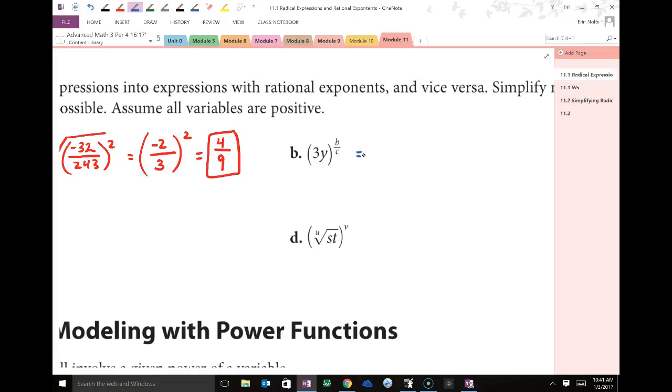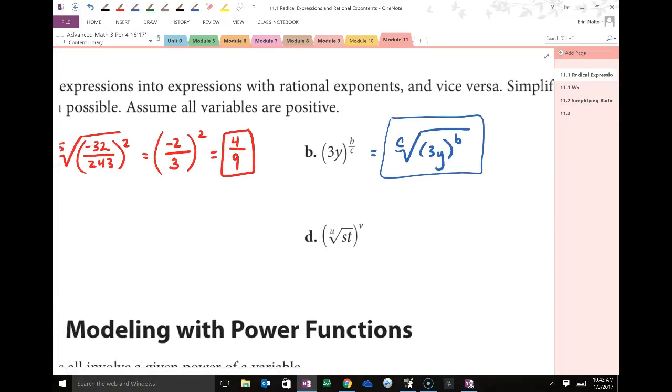The c-th root of 3y, which requires parentheses, to the b-th. Fair enough. That's as far as you can go on that. The c-th root of 3y to the b-th.